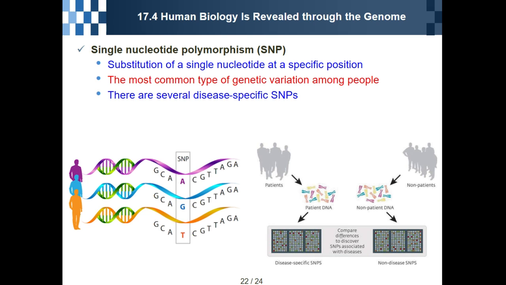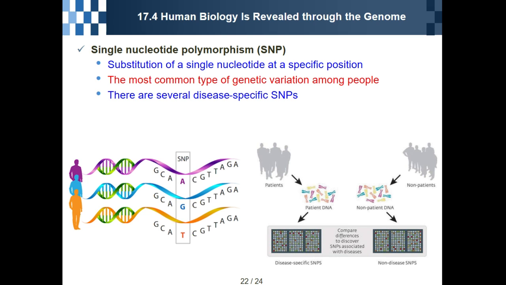Okay, and also people find that people who have cancer or another disease, Lee found that some cancer patients had some specific SNP. Normal people don't have that kind of SNP.